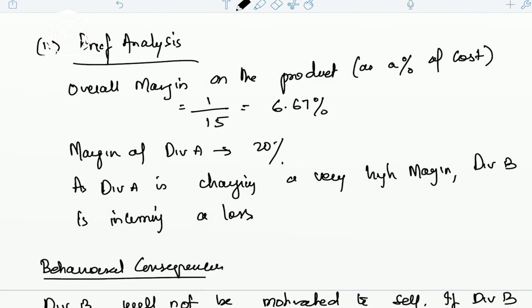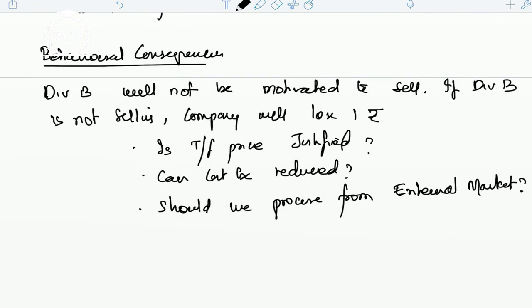Here beta. I hope you're all writing this. Here beta, behavioral consequences.